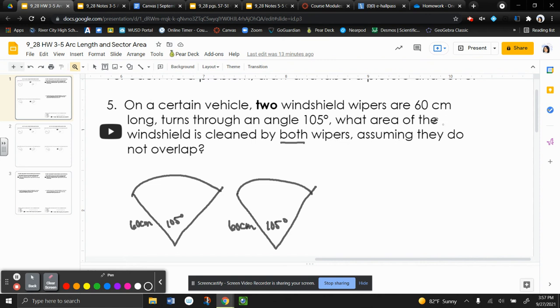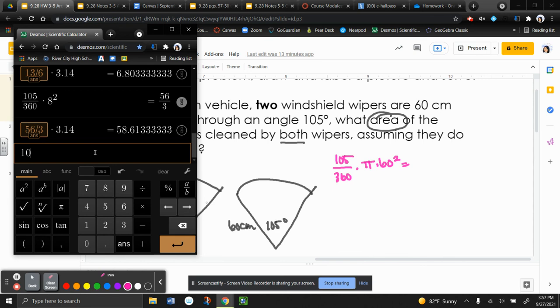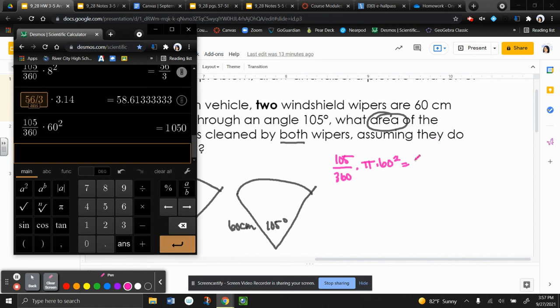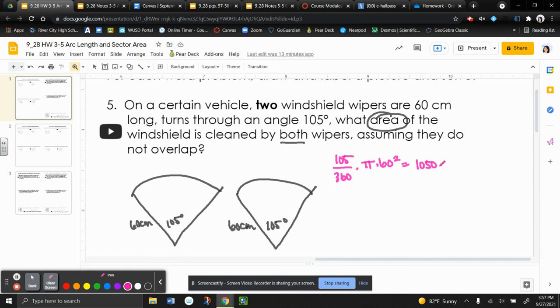So since we're looking for area, we are going to use the area formula. So what I'm going to do is find the area of 1, and I'm just going to multiply that by 2 since we have 2 windshield wipers. So 105 over 360 times pi times radius squared. So make sure we're using the area formula since we're looking for sector area. Okay, so 1 windshield wiper sweeps through an area of 1,050 pi centimeters squared. But since I have 2 wipers, we're going to multiply that by 2.